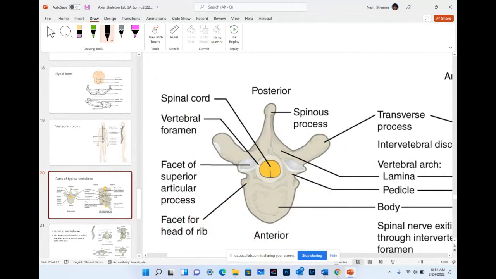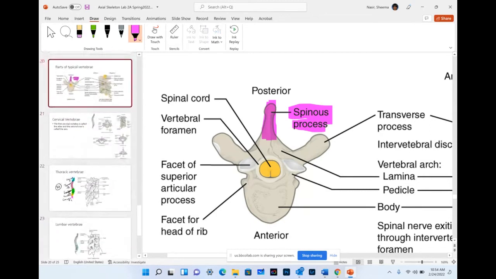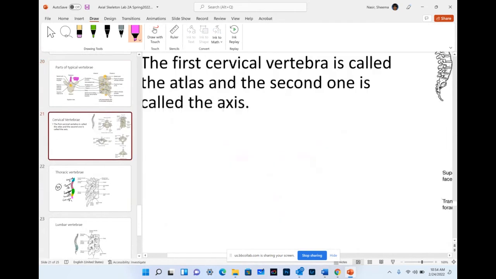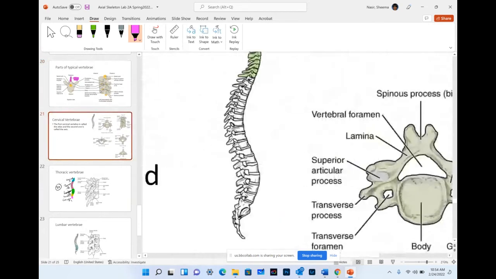Now, you see this in the center. This is the spinous process. This is what you feel on the back.